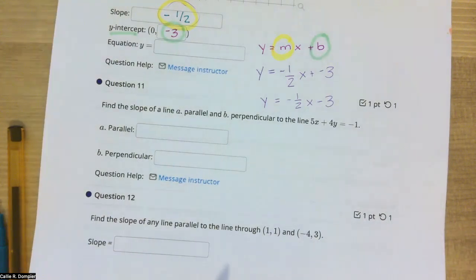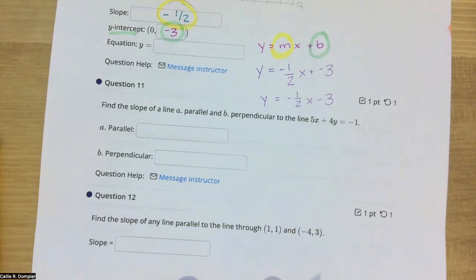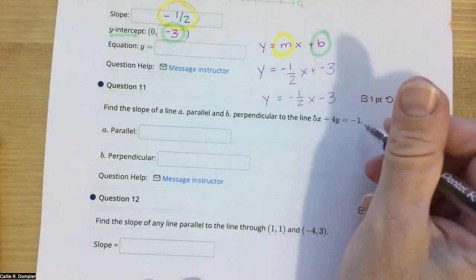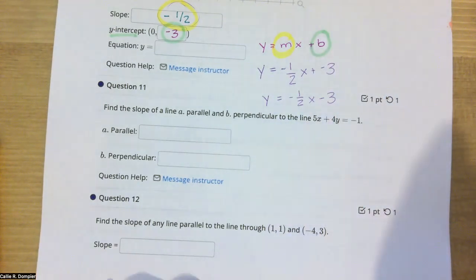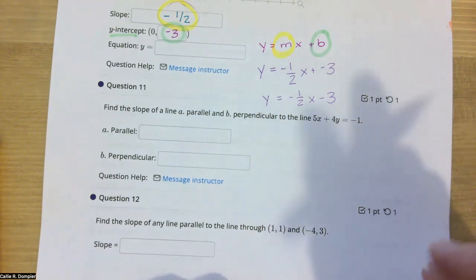Find the slope of a line parallel and perpendicular to the line 5x plus 4y equals -1. What do we know about parallel and perpendicular lines?